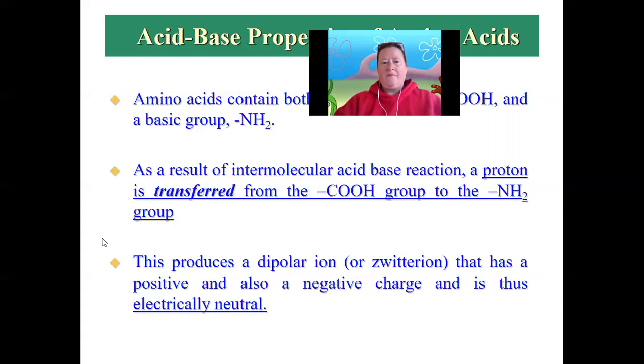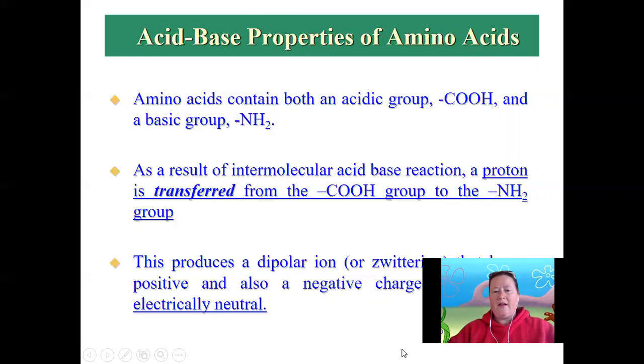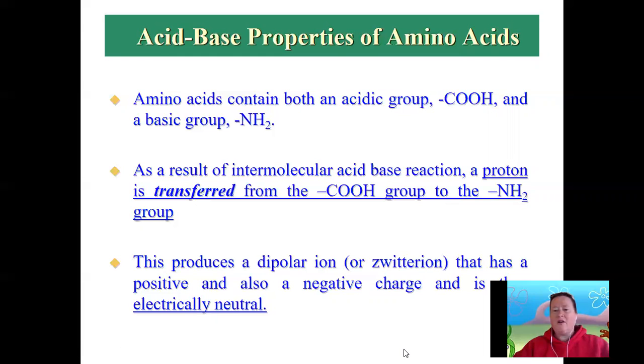So when we're talking about that zwitterion, the H, which is very loosely held on this carboxylic acid group or carboxyl group, those are two different ways that group can be named, used interchangeably, either a carboxyl group or a carboxylic acid group. This loosely held hydrogen does get transferred to the amine group here, and we end up with an NH3.